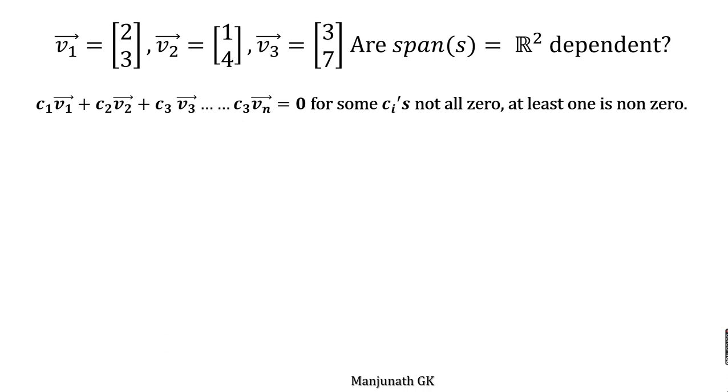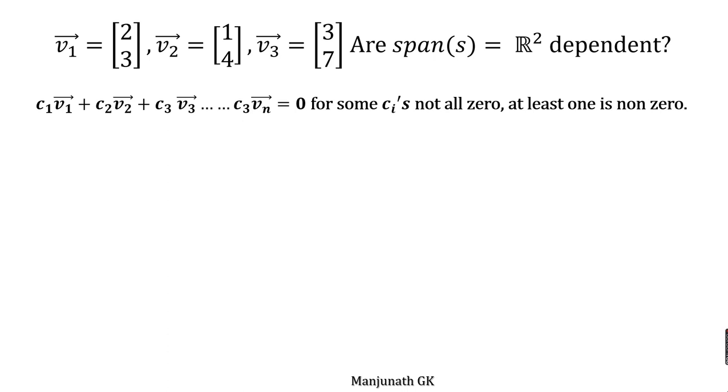If these three vectors are represented in matrix form, it results in an unequal number of rows and columns here. So by finding the rank of a matrix, you cannot say whether the given vectors are dependent or not. All right, the second method is just by observation.